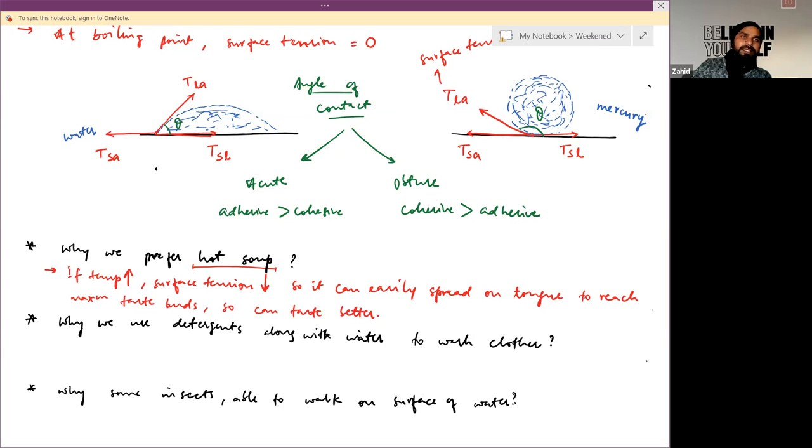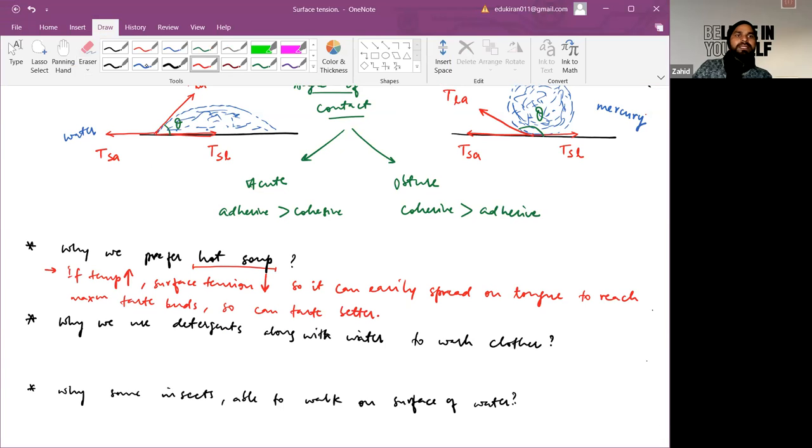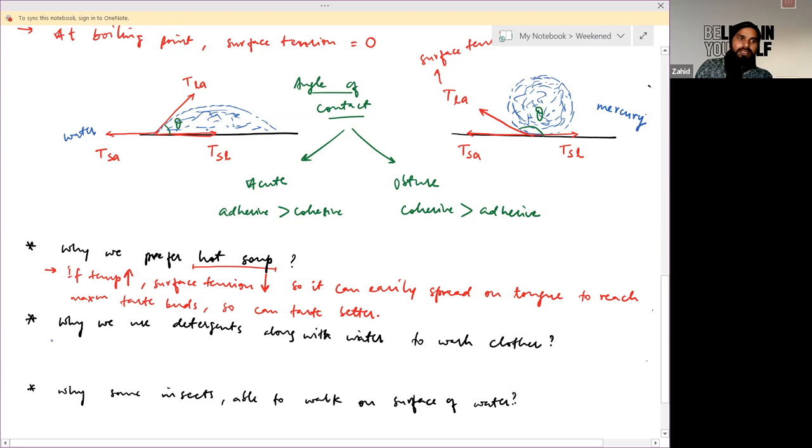Similarly, in the second part, why do we use detergent along with water to wash clothes? You'll say, adding detergent to water decreases its surface tension, so it will have a tendency to spread out over more surface of oil, grease or dirt, so as to clean it more accurately or proficiently.